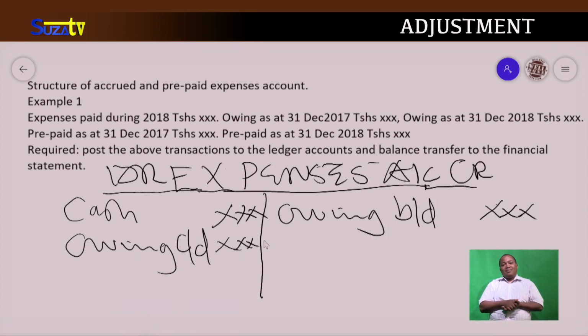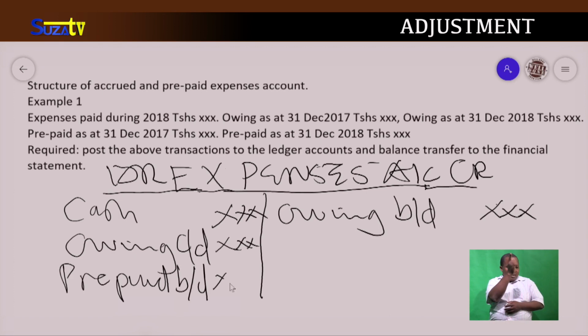This is a prepaid for the previous year. It now becomes a current year payment. It should be recorded on a debit side of the expenses account. Say that prepaid BD amount shillings X.